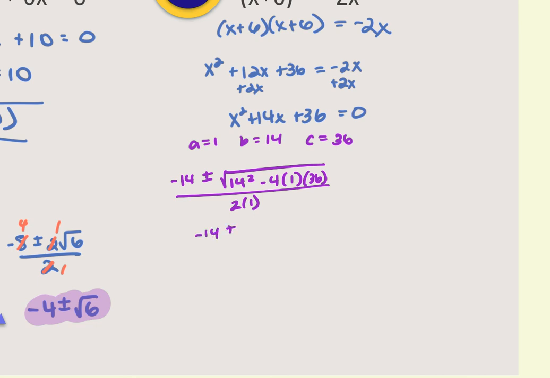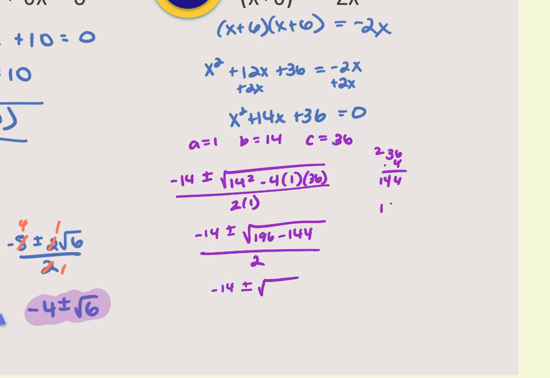Negative 14 plus and minus the square root of 14 squared, which is 196, minus 36 times 4, which is 144. Negative 14 plus and minus the square root of 196 minus 144, which is 52, over 2. 52 is 2 times 26, which is 2 times 2 times 13.